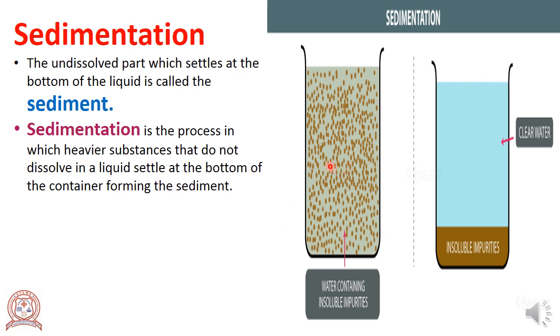You can see the picture. Here a mixture of a substance is given, right? Suppose this is the mixture of sand and water. After keeping this mixture undisturbed for some time, what will happen?